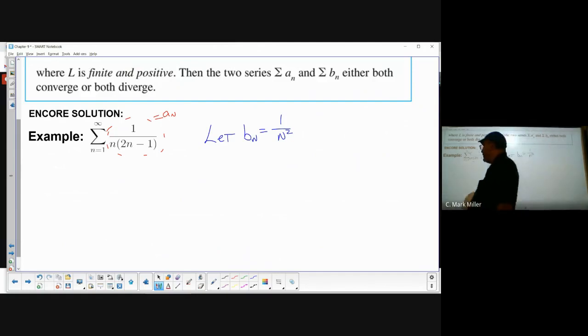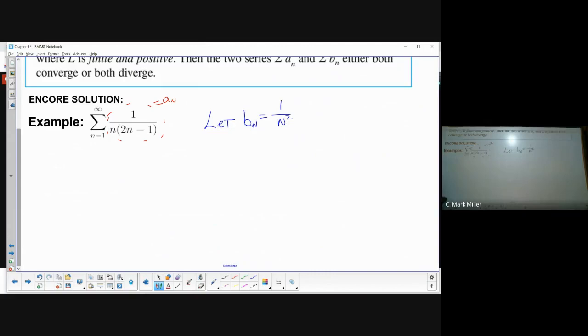All right? And so you're going to put one over the other. So now we're going to do the limit as n goes to infinity of AN over BN. By the way, you can put BN over AN too. You can flip these. Doesn't matter. That's going to be, here comes some algebra, the limit as n goes to infinity.